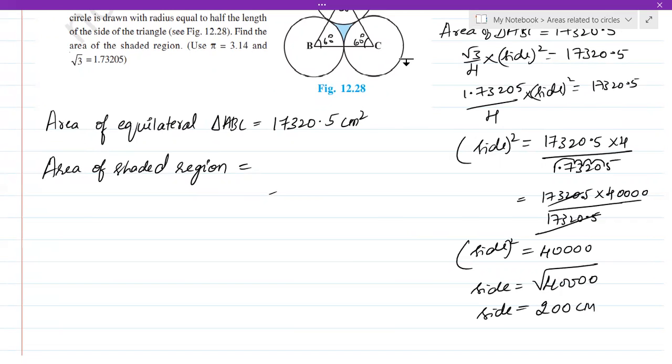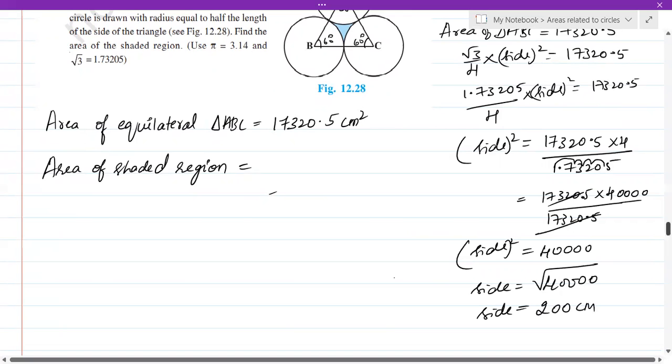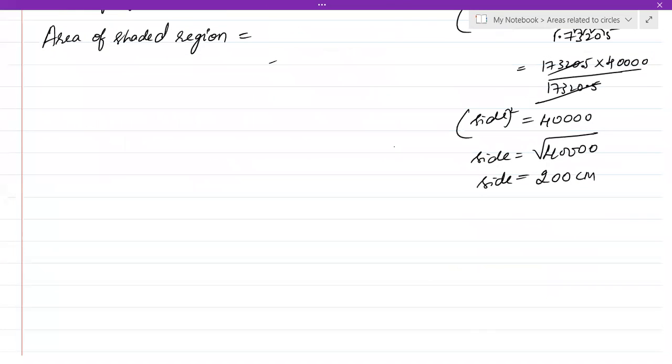That's the side. The area of the equilateral triangle was given, so using that, we found the side. Therefore the radius is half of the side, half of 200, which is 100. So radius is 100 centimeters.